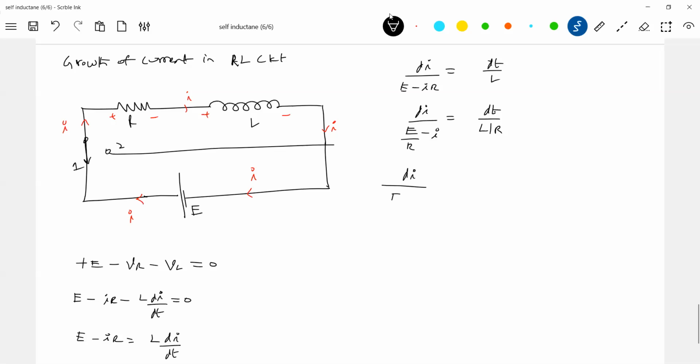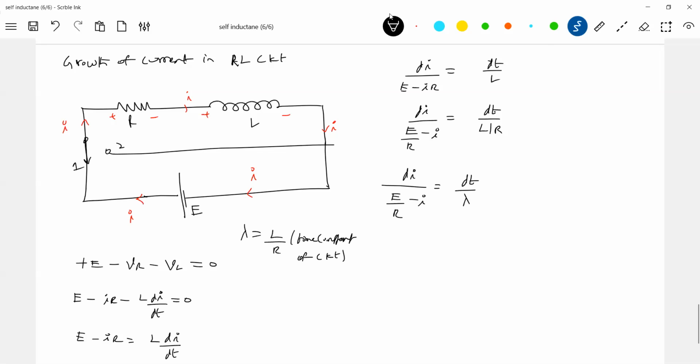I'll call it the time constant of the circuit.